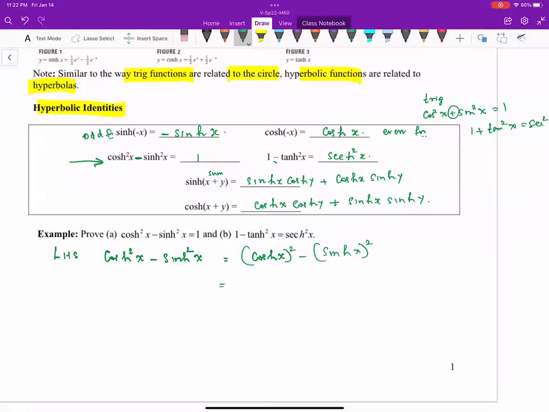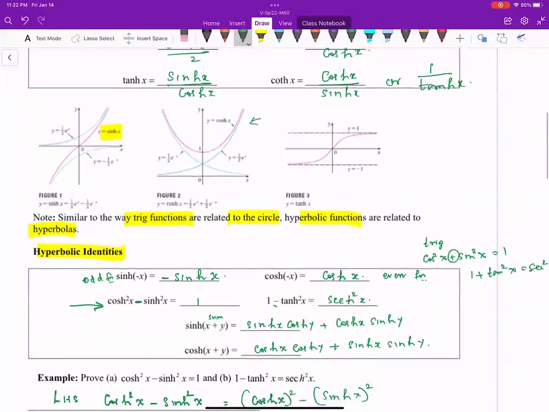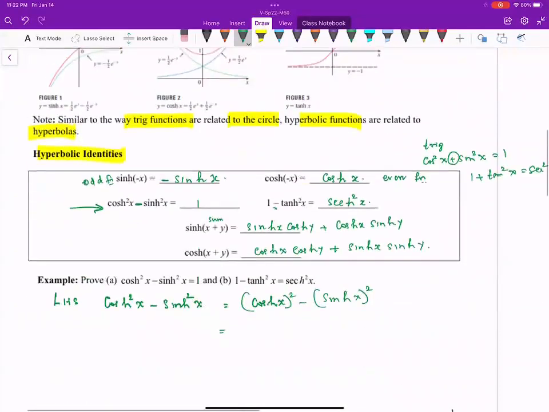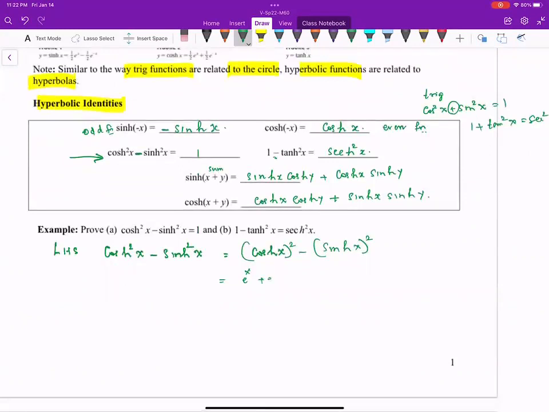By the definition of hyperbolic functions that we have defined earlier in this table, I'm going to substitute for cosine hyperbolic and for sine hyperbolic.